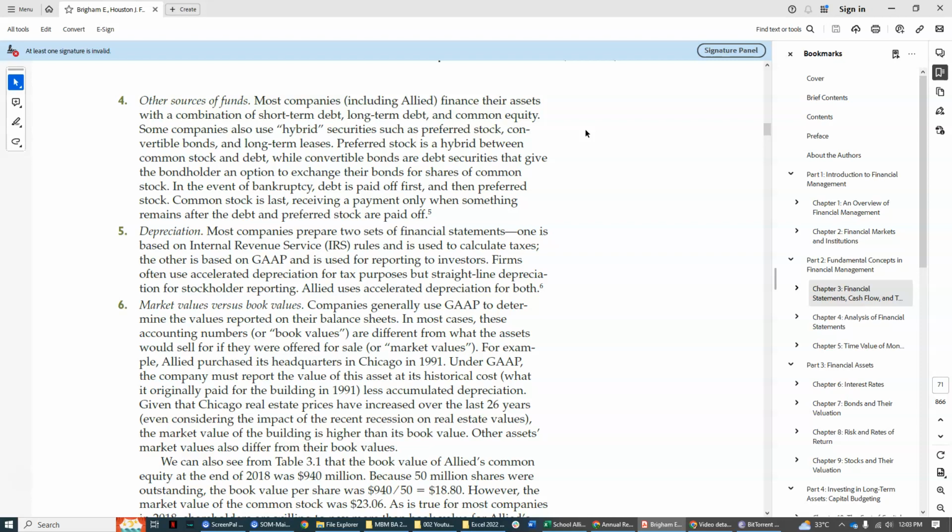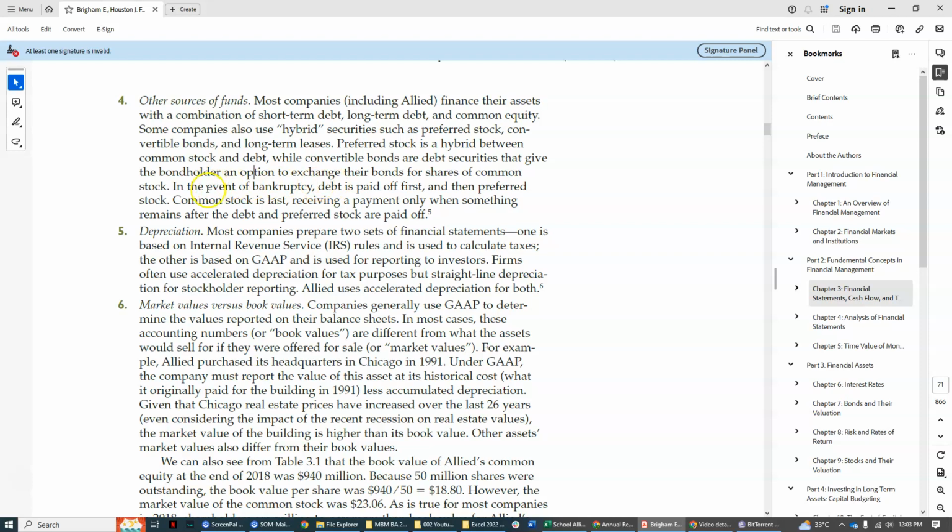That's why it is a hybrid between the debt and the common stock. It is an equity. It can receive a fixed amount of dividends, but it's not a debt of the company. While convertible bonds are debt securities that give the bondholder the option to exchange into bonds or shares.